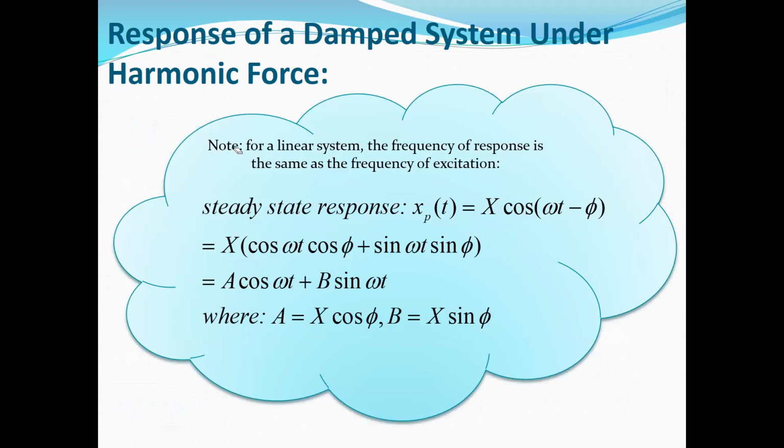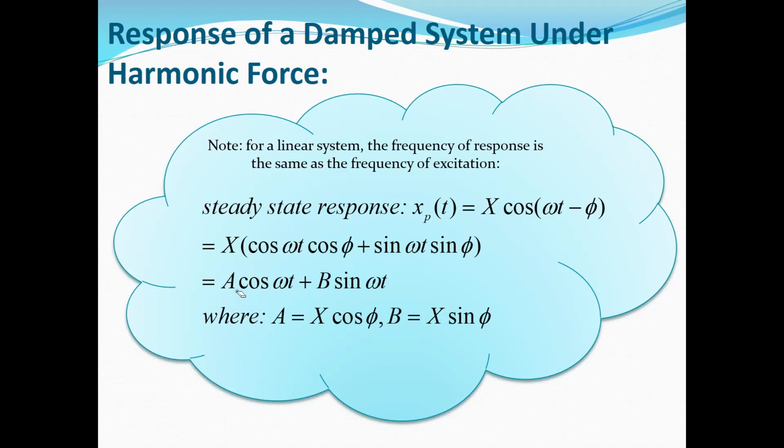So we can write the particular response of the system, or the steady state response of the system, in this form, as you can see, uppercase X times cosine of omega t minus phi. And as I told you, you can expand this in the form of a combination of cosine and sine.